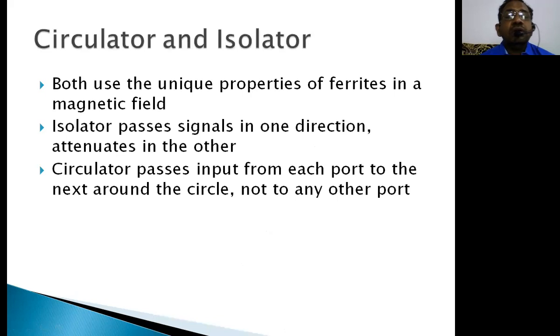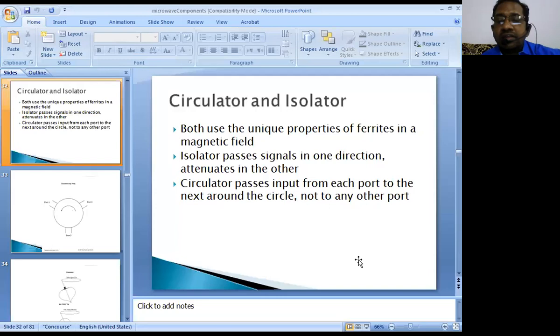Now both the isolator and the circulator have the unique properties of ferrites used in magnetic fields. There is a basic operation related to these isolators and circulators, which we discuss in the next session. So for today, we'll stop here.